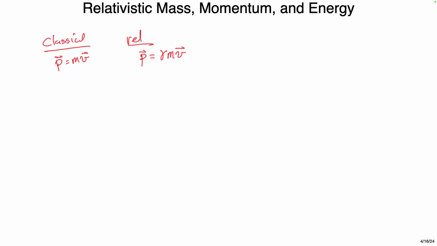But how do you find gamma? How do you calculate gamma? 1 over the square root of 1 minus v squared over c squared? But there's already a v up there. Still don't see it, do you? What is gamma affecting?